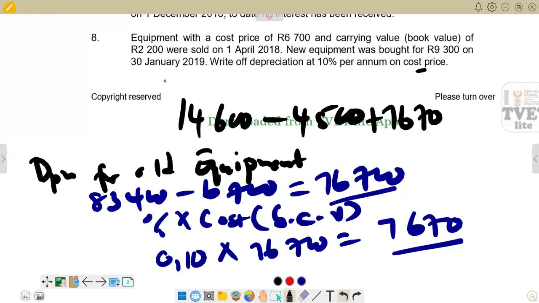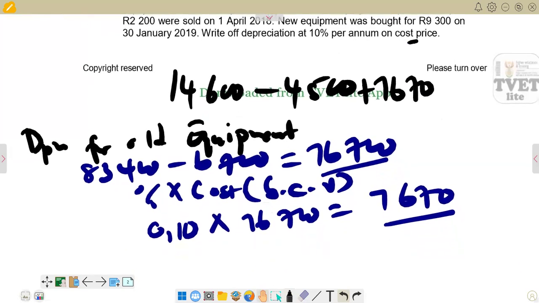This was purchased on 30 January 2019. Remember our year is ending on 30 March. So we just want to see how many months this new equipment stayed. It was purchased on 30 January 2019, so it means it stayed February and March only. So it stayed 2 months. So we are going to make a proportion of 2 months for that depreciation.